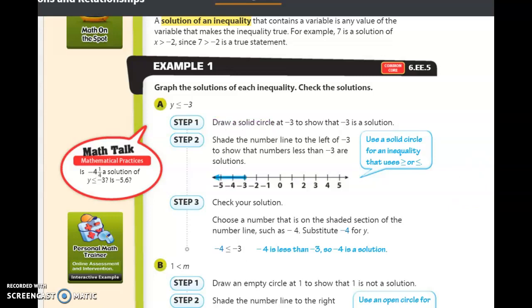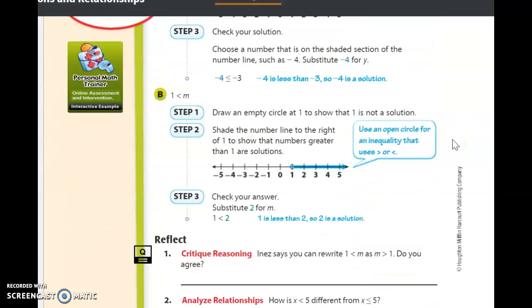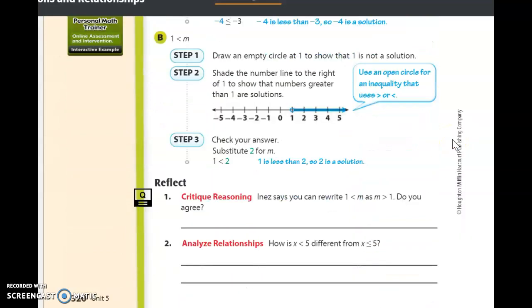All right, let's look at part B. Part B says 1 is less than m. Now in this case, m cannot be 1. It's not equal to 1. It's less than. So what we do is we draw an open circle on 1.